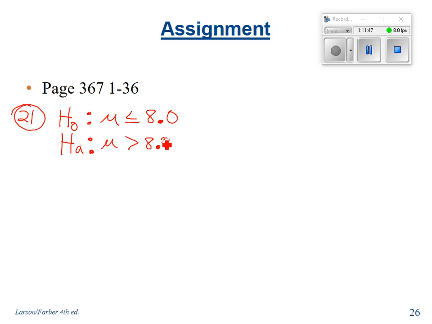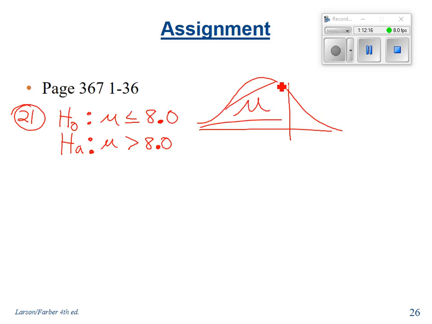They want us to tell whether this is left-tailed, right-tailed, or two-tailed. So if we're looking at our null hypothesis, we're saying mu is less than or equal to 8. So 8's here somewhere on this graph. We'll say 8's about there. These are all the mu's that we want because these are all the ones that are less than or equal to 8.